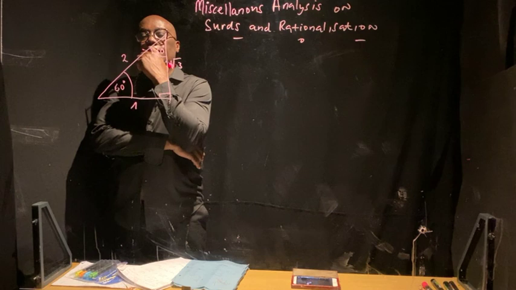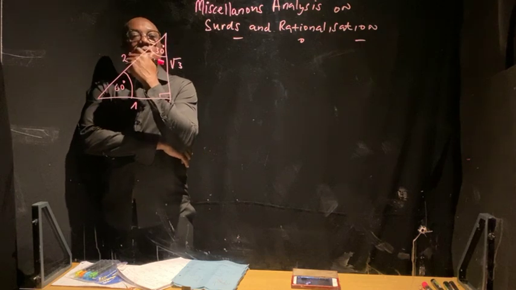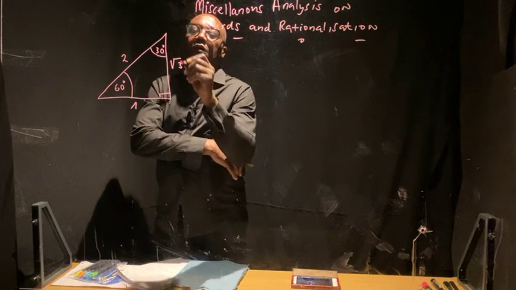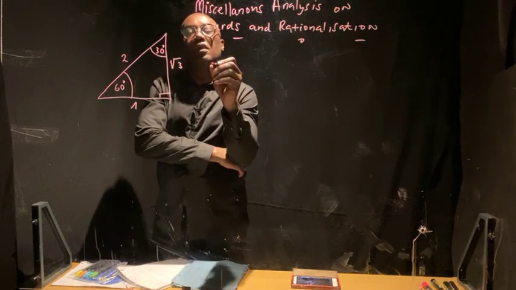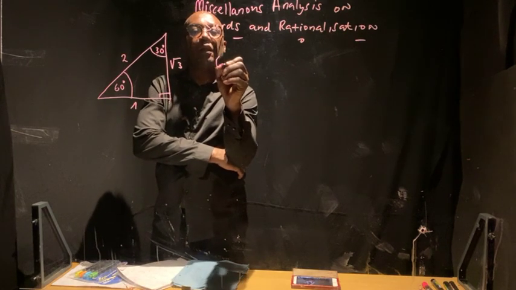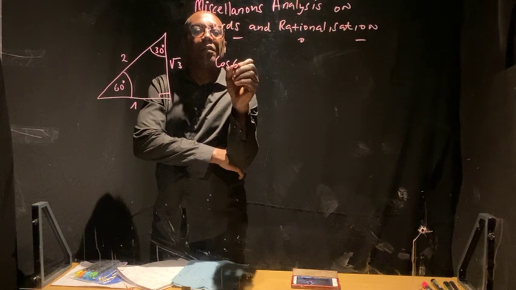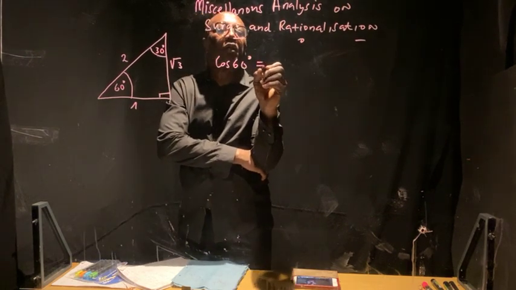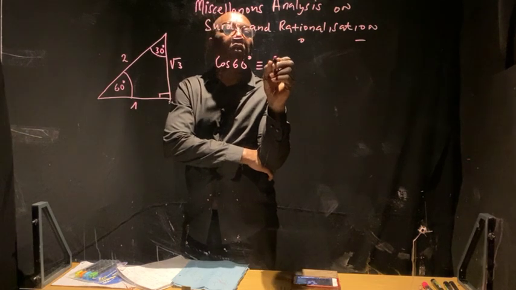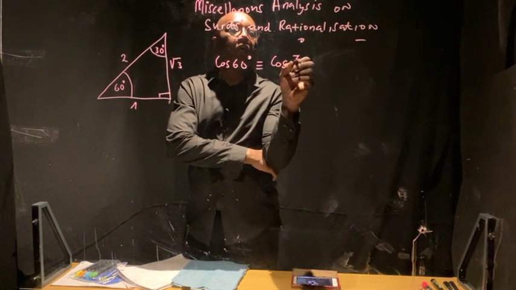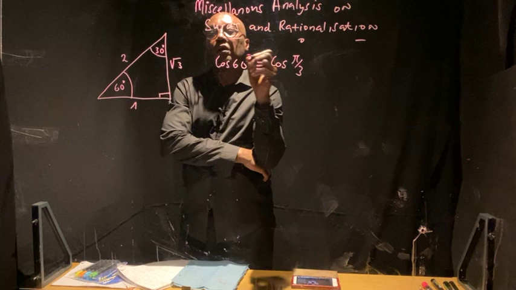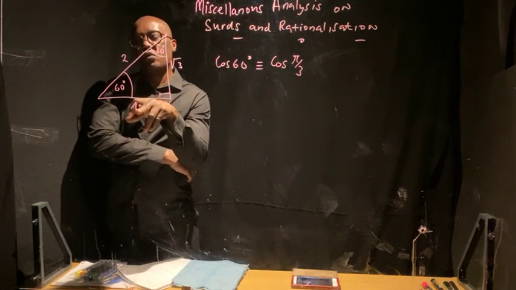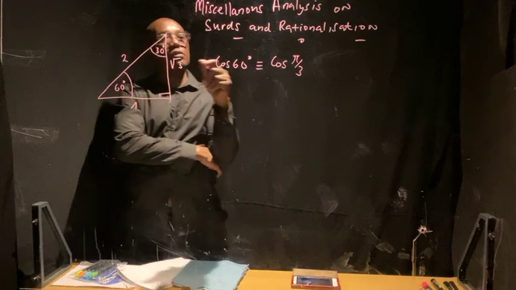And if you want cosine of 60, which is cos 60, cos 60 is the same as cos pi by 3. Cos 60 is equal to 1 over 2.